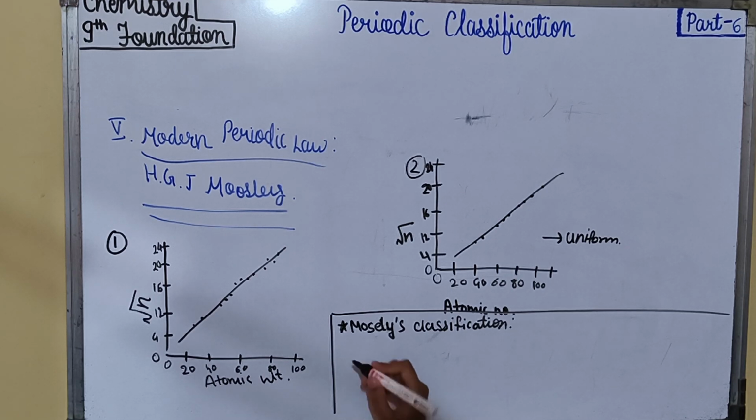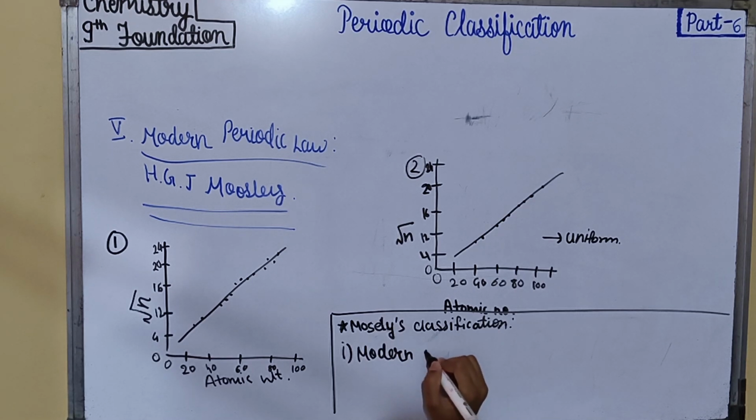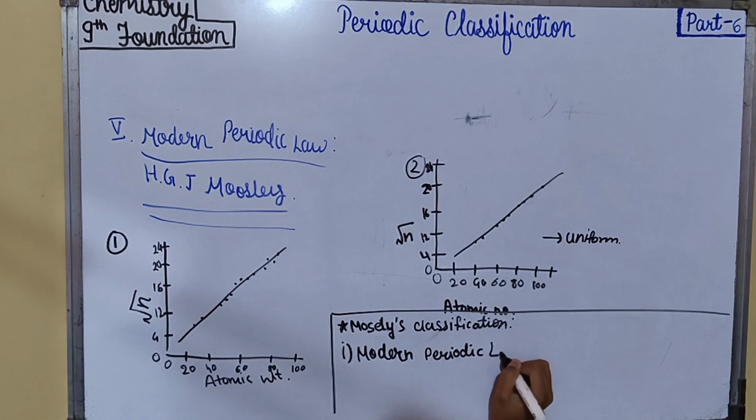First is the modern periodic law. The physical and chemical properties of elements are the periodic functions of their atomic numbers.